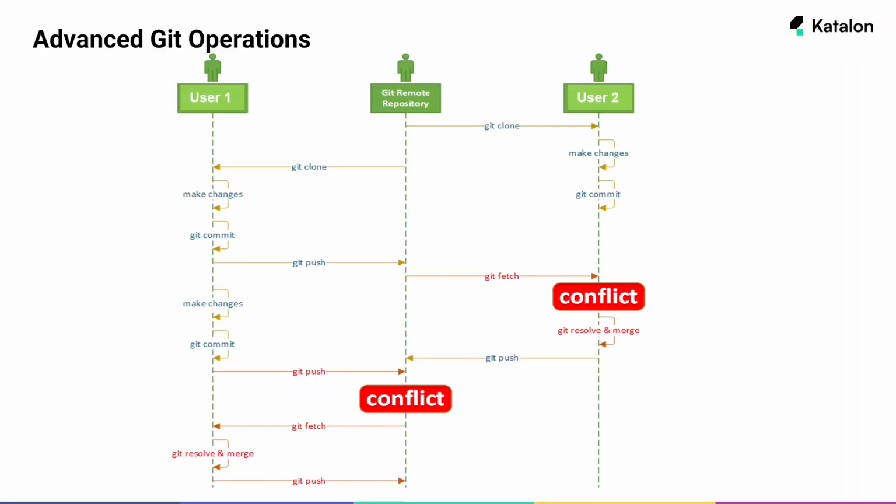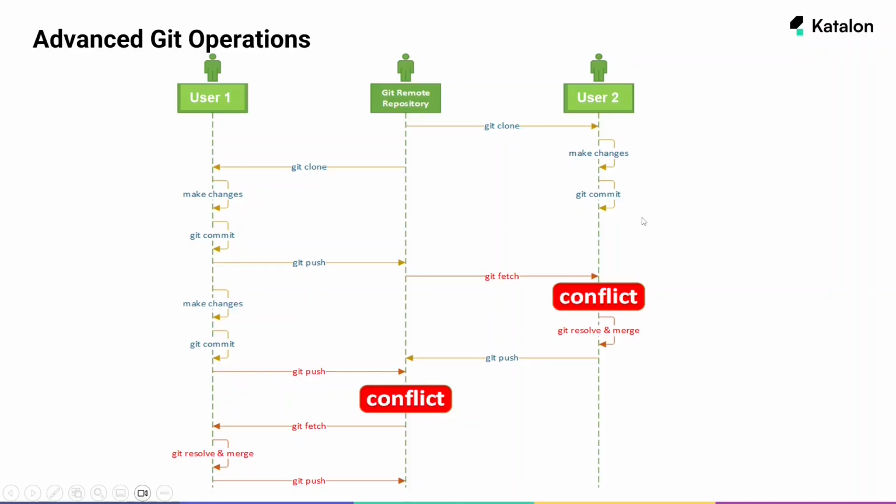Let's see an example here. Say you have user 1 and user 2, and these two users cloned one remote repository. And then user 2 makes his own changes, and user 1 makes his own changes.